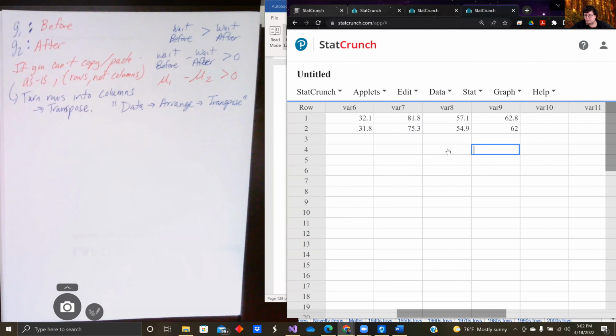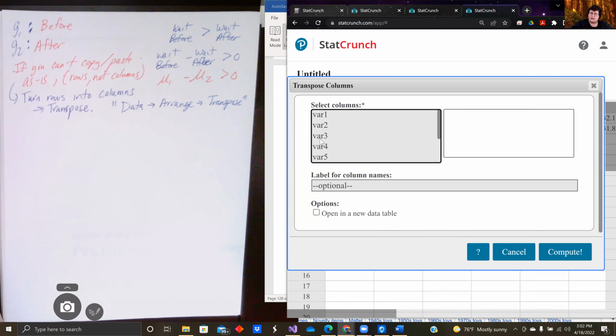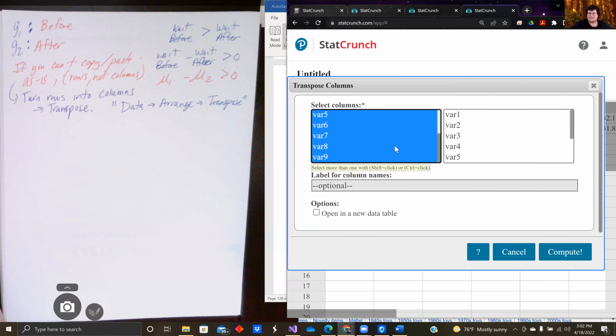It goes up through variable 9. So I'm going to do stat or data, arrange, transpose, and tell it to do 9. Oh, it highlights all the ones with data in it. That's nice. I can open it in a new data table. That will make it the least messy.